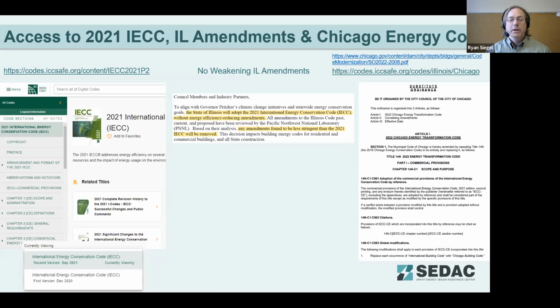So there will still be some amendments for the 2021 version, but those will be a few amendments that are going to be strengthening the code as it goes forward. That is in process, and hopefully will be approved later this year.